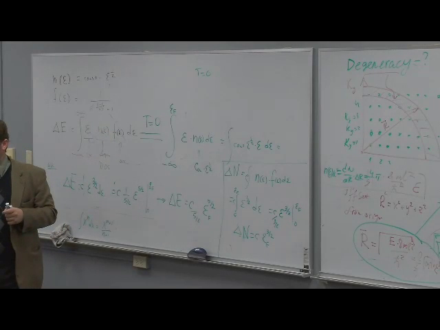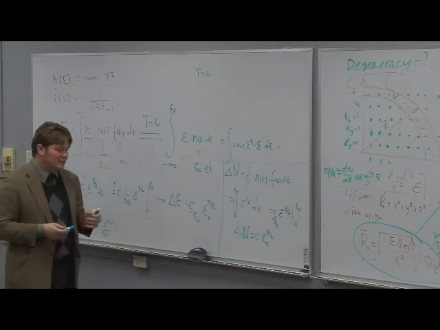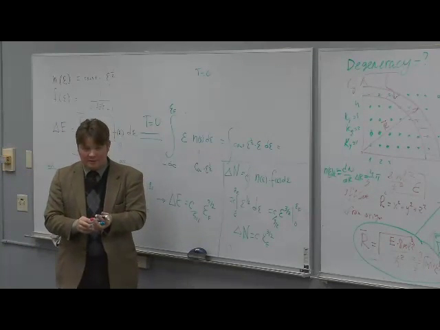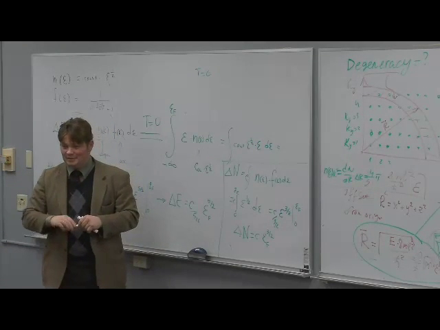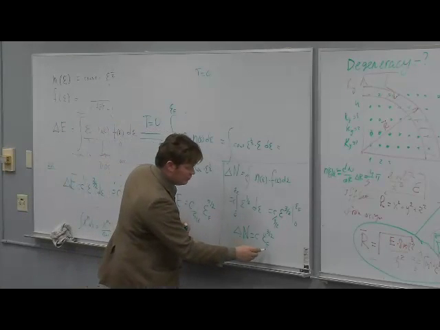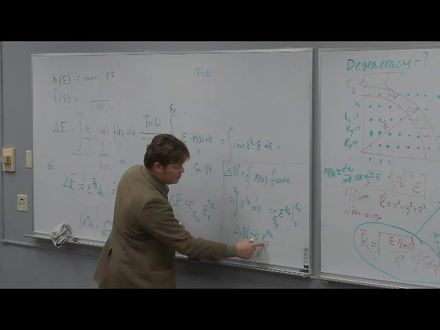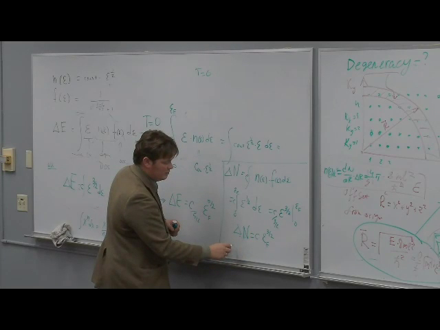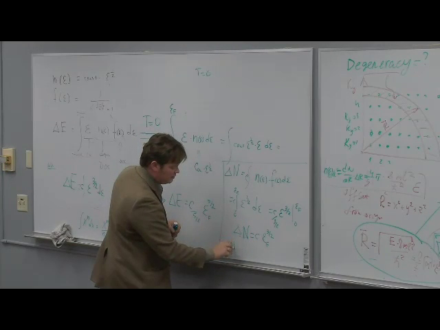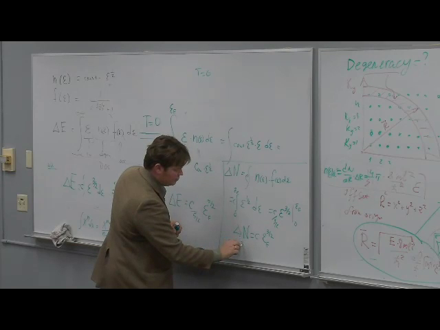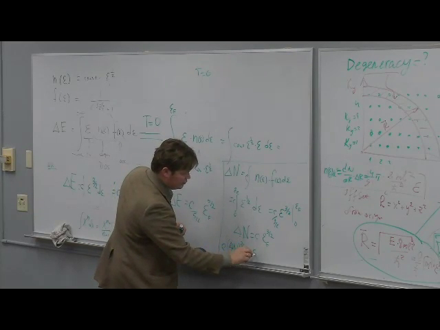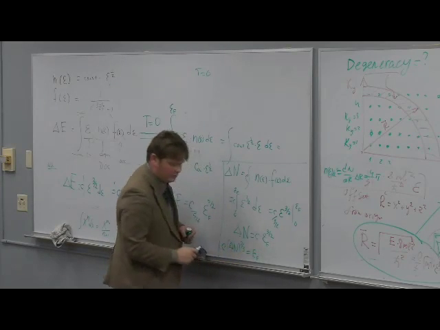Good? Now, let's stand on our heads once again. Invert the dependence. So, if the number of electrons depends on energy this way, then we can take delta n to the power 2/3, and that will be Fermi energy. Right?